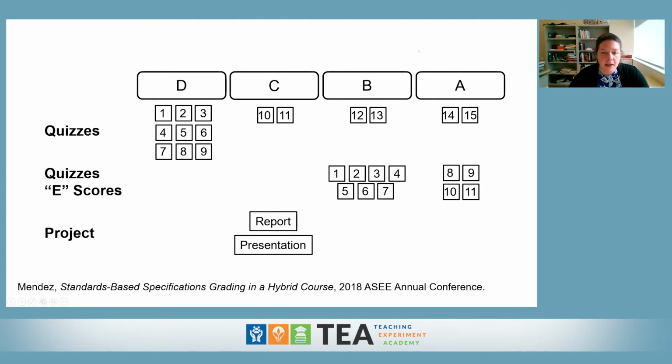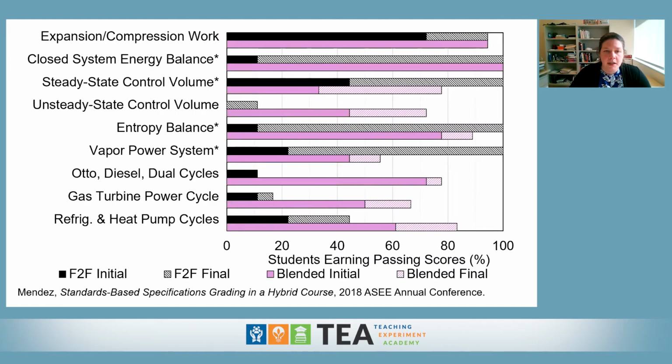I did want to compare how students did in this blended course compared to the course that was completely face-to-face. So I compared some of the quizzes. Since we did have about 15 standards that were the same from the previous year, I compared those.